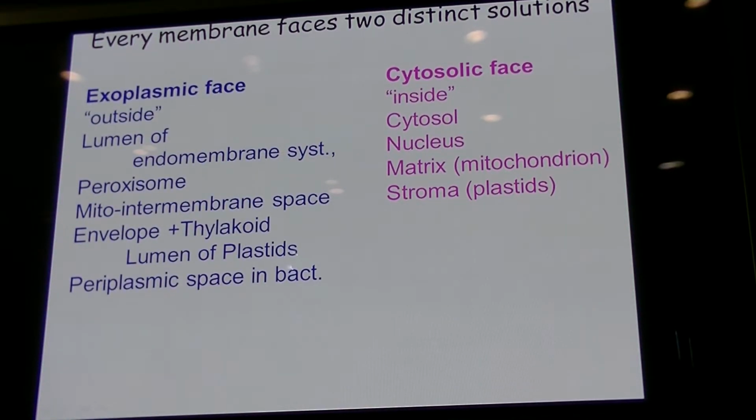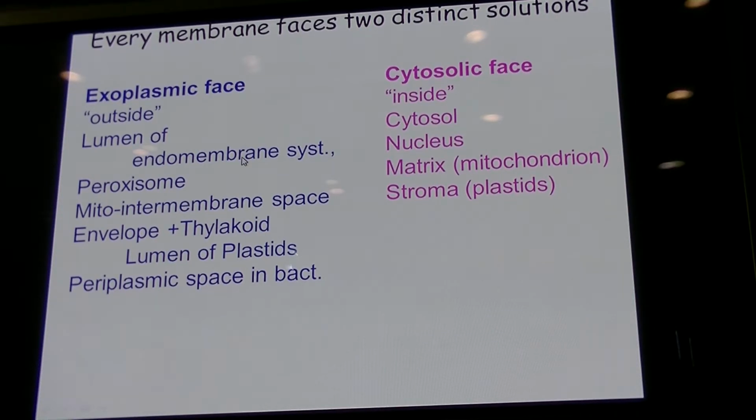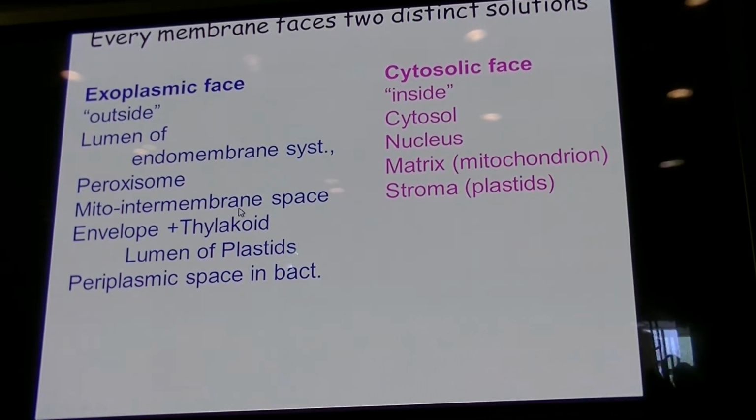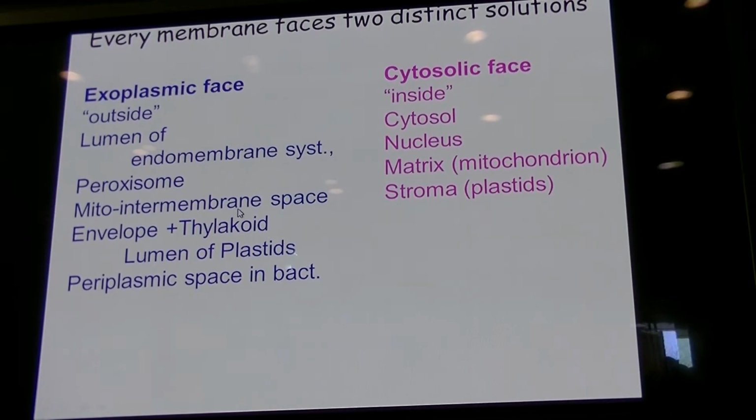So for the outer side, what do we have? We have the outside of the cell, but also the lumen of the whole endomembrane system. So there's the lumen of the ER, the space in the Golgi, the space in the lysosome, and the space in the vacuole. The peroxisome is another compartment that is distinct from the cytoplasm. The space between the mitochondrial inner membrane and outer membrane, we call the intermembrane space.